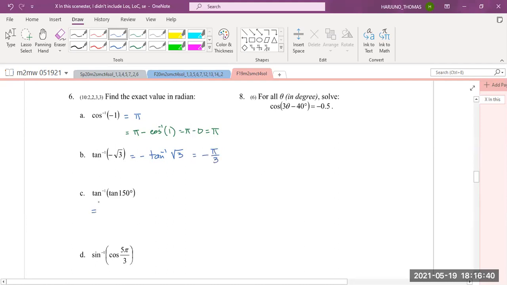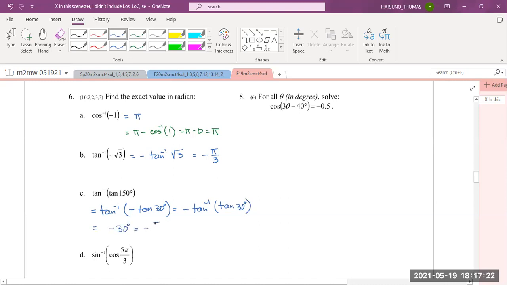Tangent inverse of tangent 150 degrees. That's quadrant 2, so tangent is negative, reference angle 30 degrees. Let me pull the negative out: tangent inverse of negative is negative tangent inverse of positive. Now, because 30 degrees is in the restricted domain for tangent, this is negative 30 degrees.